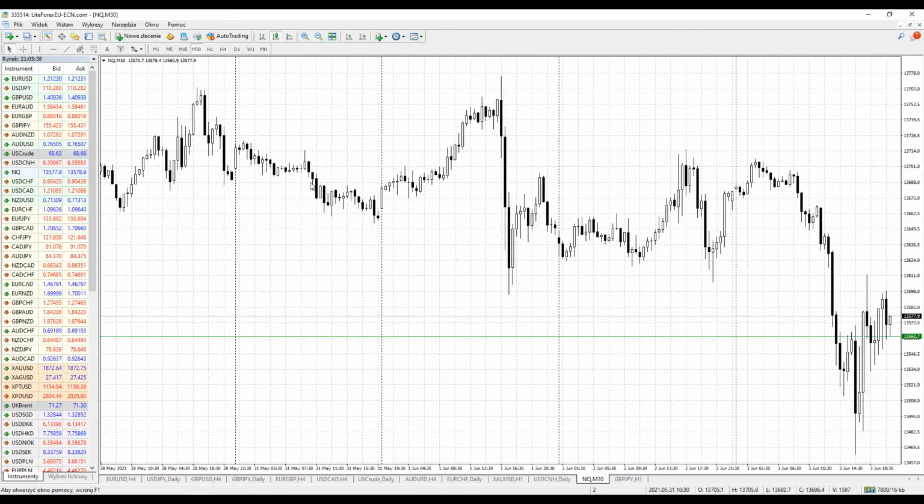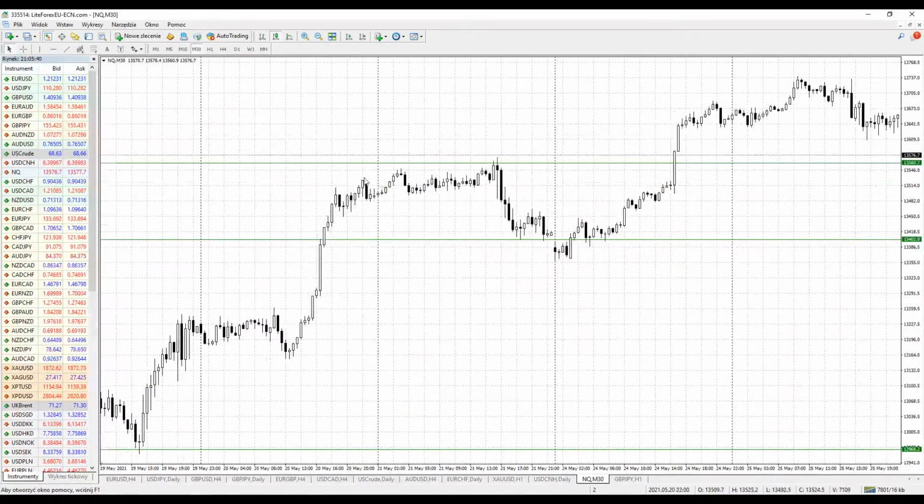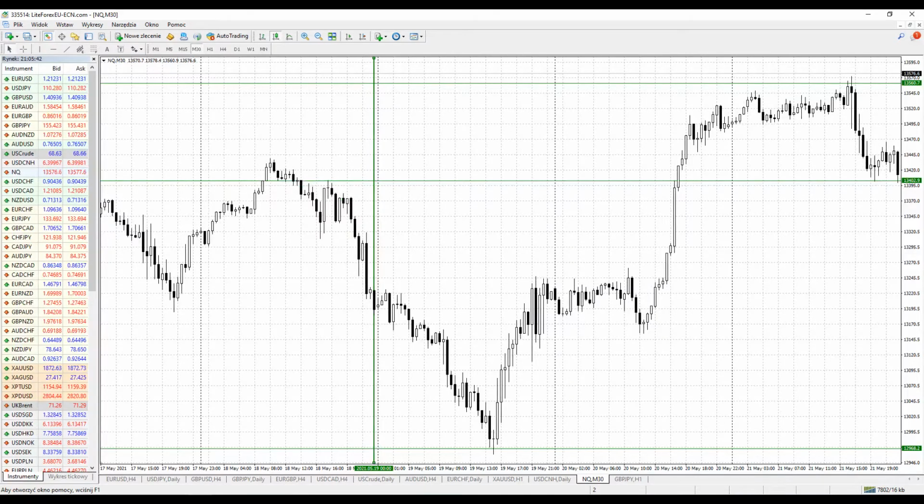So let's investigate. That's the daily open, pre-market trading. All right, let's have a look at what we have when it comes to the daily open, right? It was around this low.